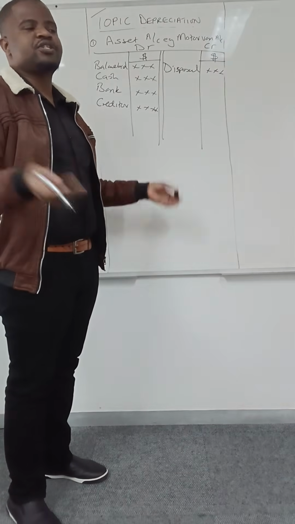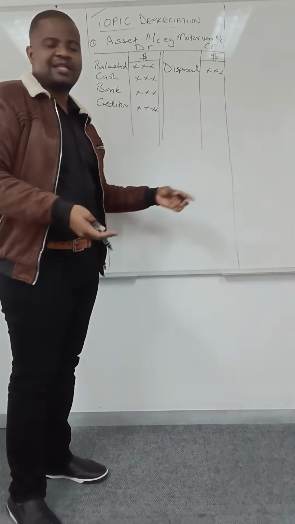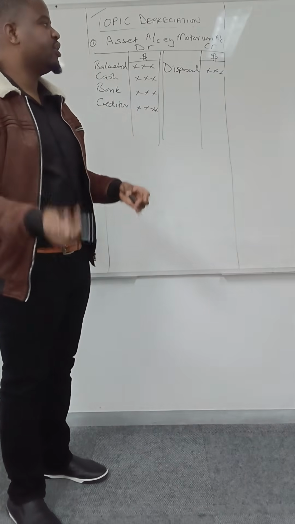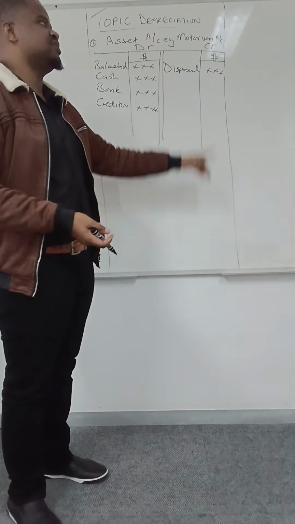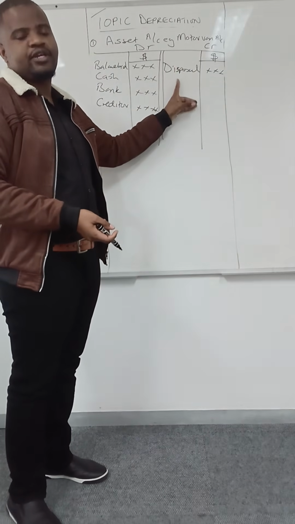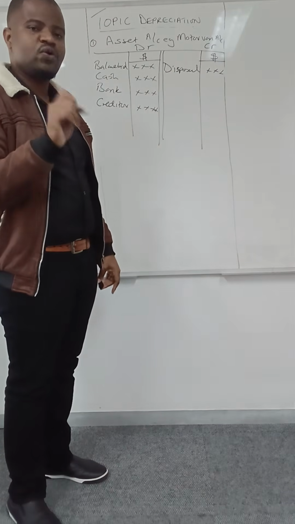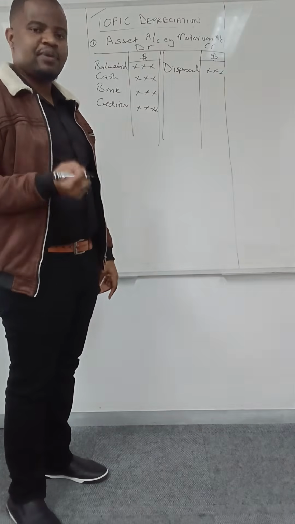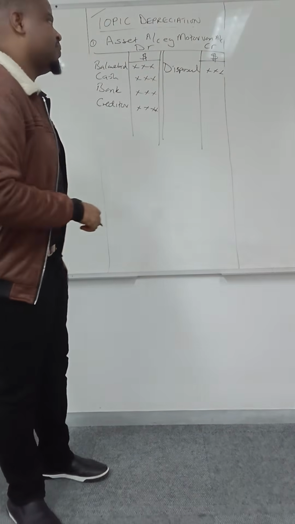Here, we don't record 10,000, the amount that we received. No, we record 20,000, the original cost that we purchased the asset. So here, don't forget, for disposal we record the original cost of the asset, not the amount that we received when you disposed of the asset.